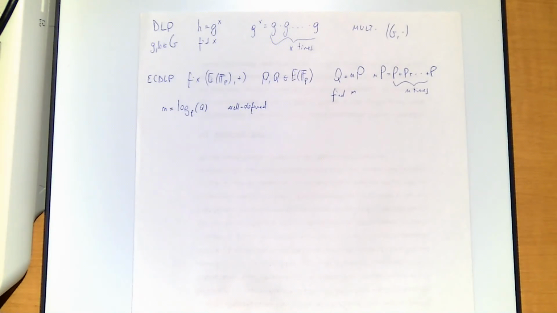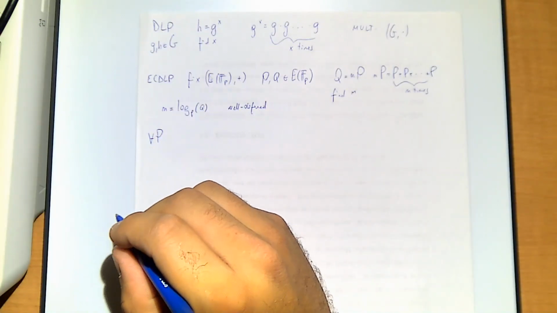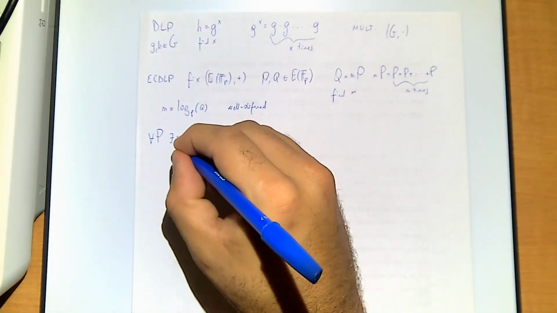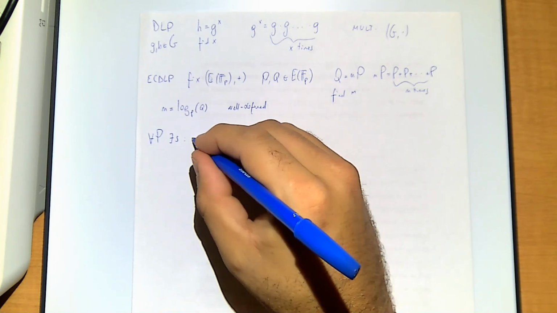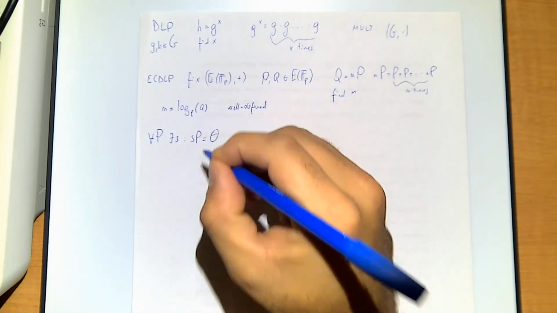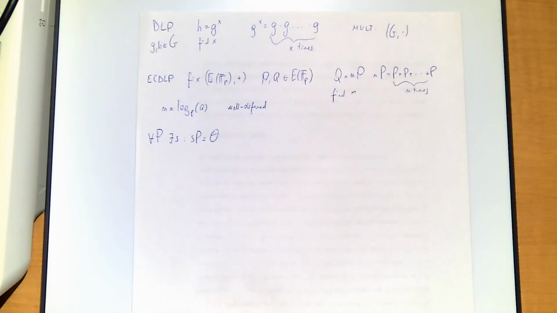And then the second thing to consider is that for every P, there always exists a value s such that sP is equal to the point at infinity. This is also intuitive because the number of points on the curve is finite. At some point, the proof is not hard, there must exist one multiple such that if I keep adding P to itself, I go back to the point at infinity.